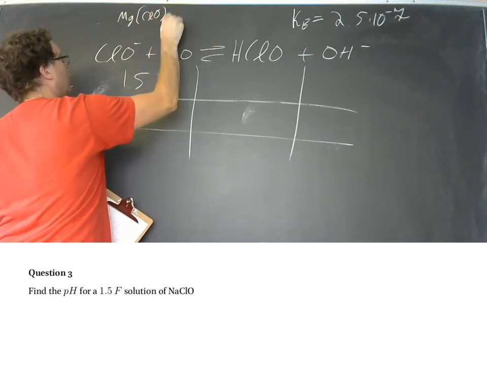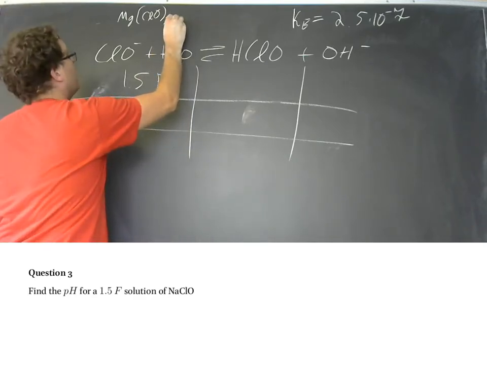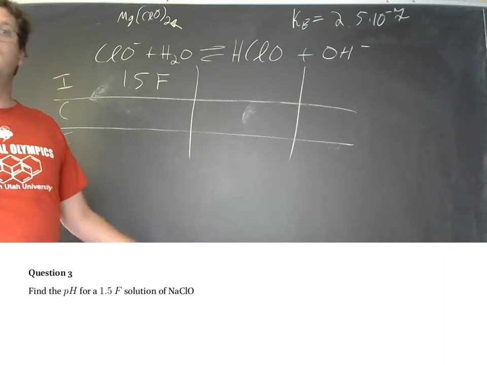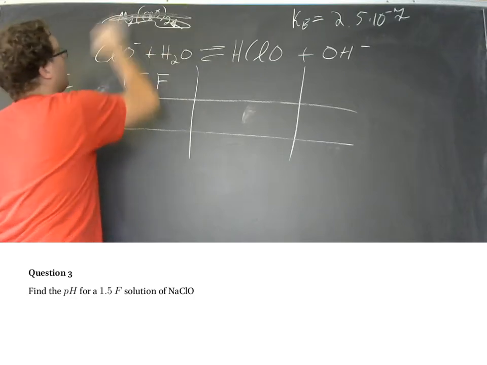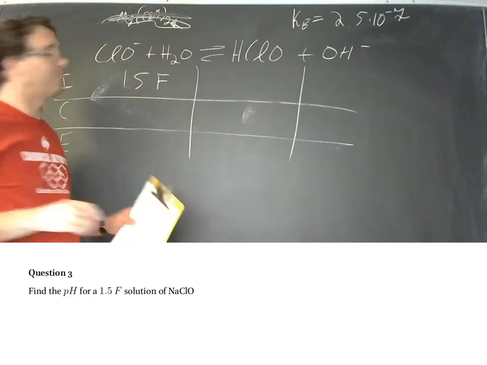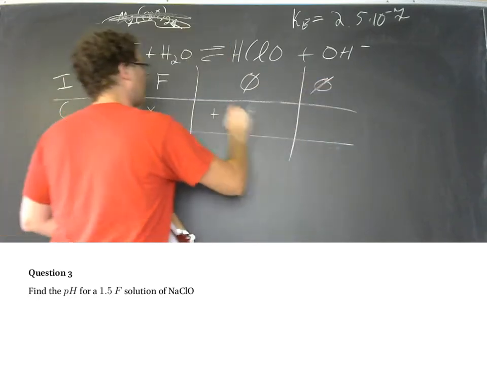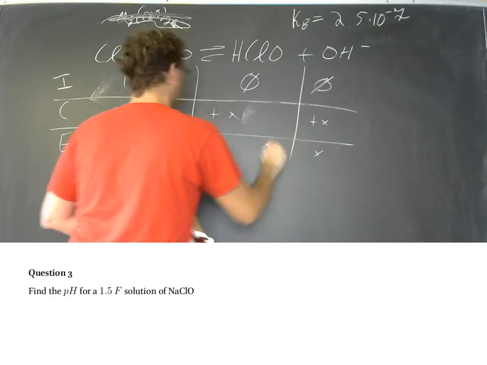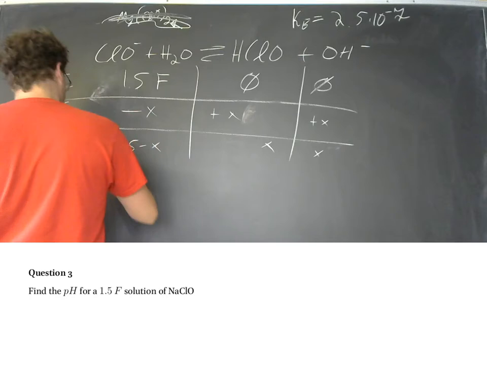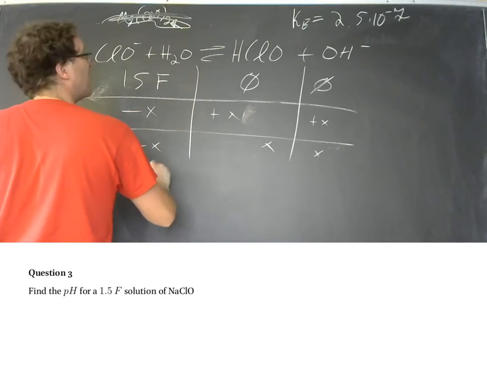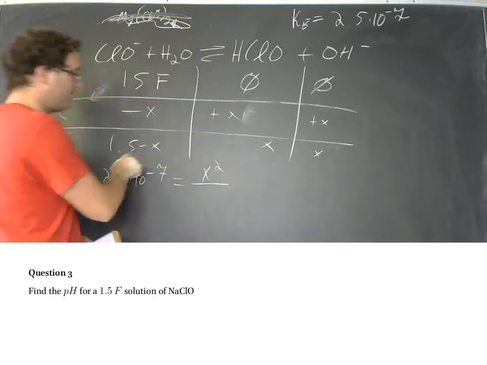That 2 in the case of magnesium hypochlorite would be very important because it would mean we have 2 hypochlorite ions for every 1 formula unit. But we don't have magnesium hypochlorite, so we can just take the 1.5 and we'll say 0 and 0. Negative x, plus x, plus x, x, 1.5 minus x, and we'll have that Kb value, 2.5 times 10 to the negative 7th, is equal to x squared over 1.5 minus x.